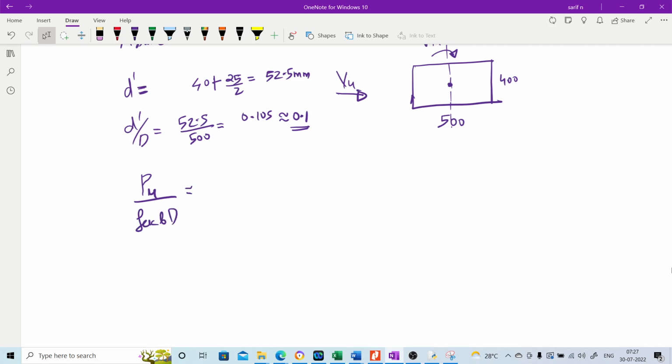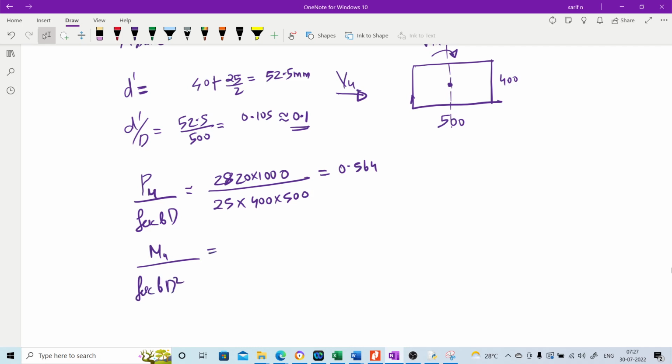Pu divided by fck BD: that is 2820, in kilonewton, converted into Newton, divided by 25 into 400 into 500. We get 0.564. Similarly, Mu divided by fck BD square: that is 228 into 10 raised to 6, to convert into Newton mm, divided by 25 into 400 into 500 square.